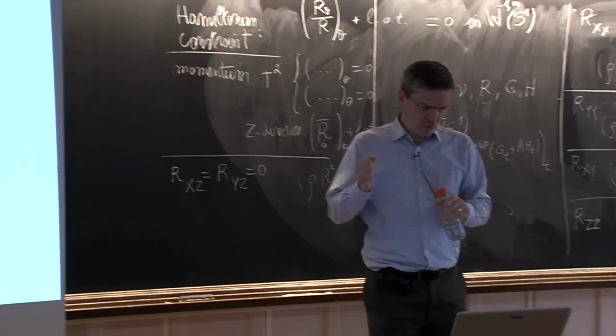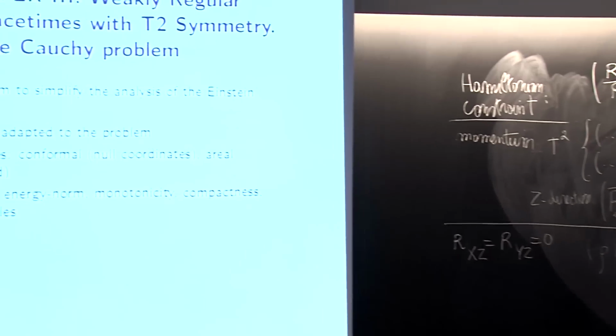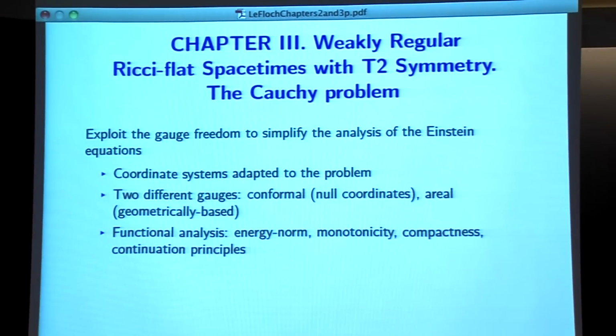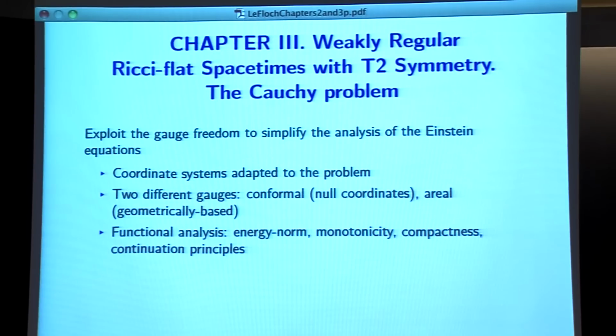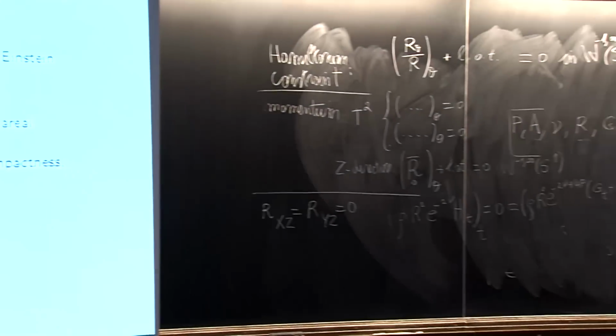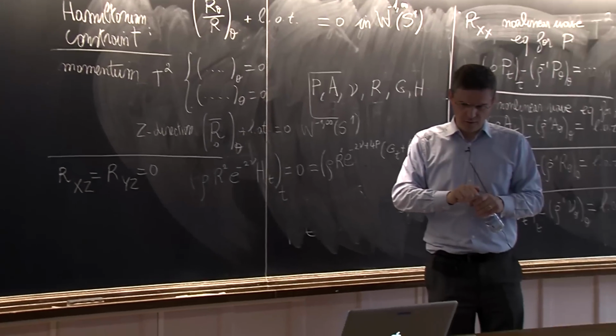So we need to introduce coordinates that are adapted to the problem. So two things, conformal coordinates that are basically null coordinates, and areal coordinates where the time function will be related to this function r. The time function will be chosen to be capital R. Okay, and you will see why this can be done.